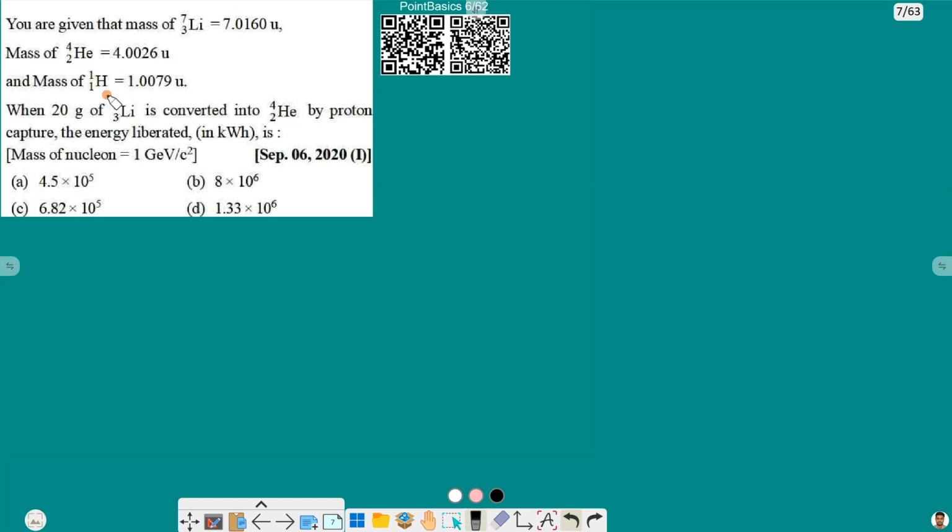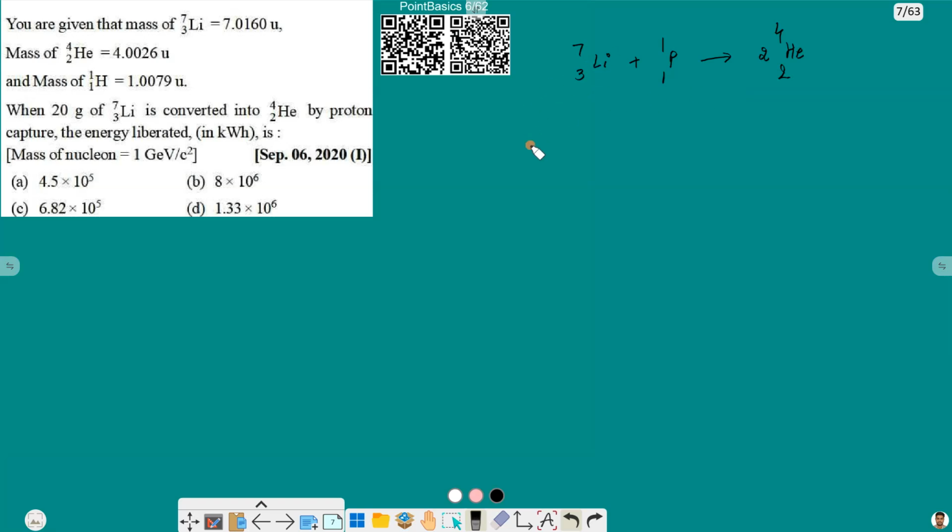So we have lithium-7 (atomic number 3), and it is doing a proton capture. So it is capturing a proton, which is 1p1, and after capturing a proton it is producing helium, so it has to produce 2 moles of helium basically. Only then this equation will be satisfied. So 1 mole of lithium plus 1 mole of protons is producing 2 moles of helium.